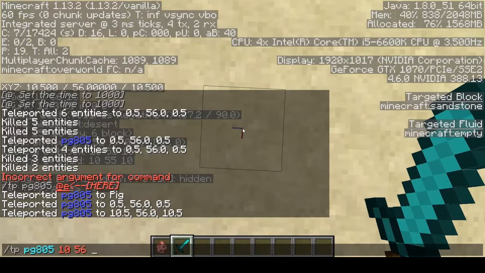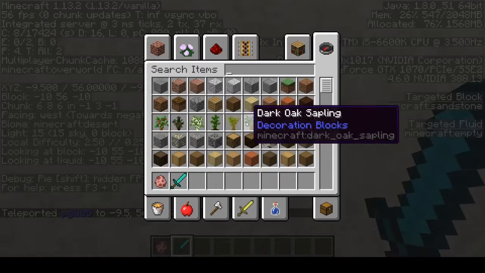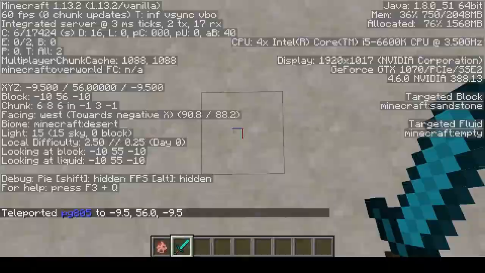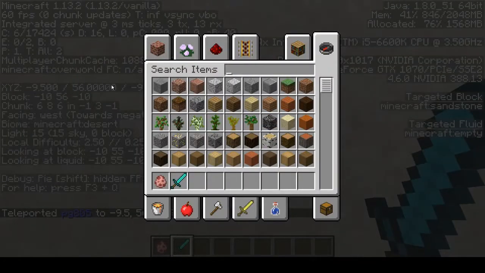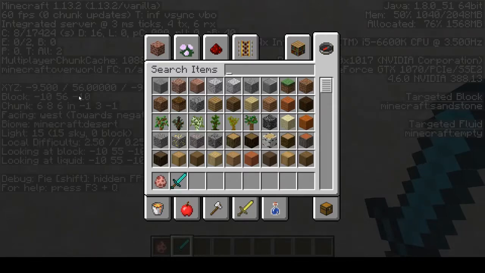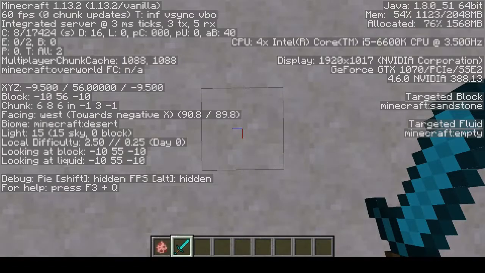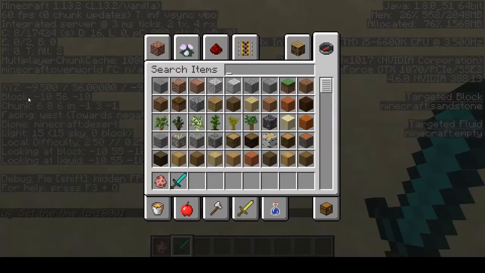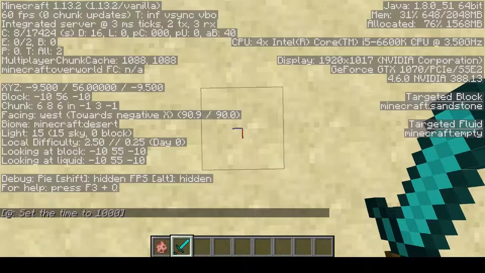That's why at 0 0 it put me at 0.5, because it's trying to put me in the center of whatever block I'm doing. So if I go negative 10, see, it puts me at negative 9.5, negative 9.5, because similarly it just adds 0.5 to put you in the exact center of the block that you're trying to teleport to. So if you use integers, then it's going to teleport you using the block grid rather than the actual grid.